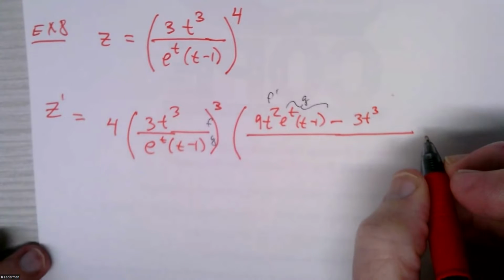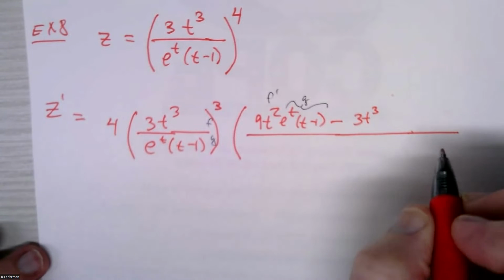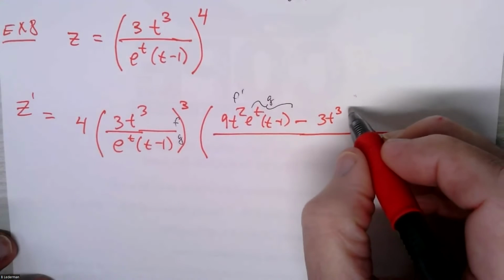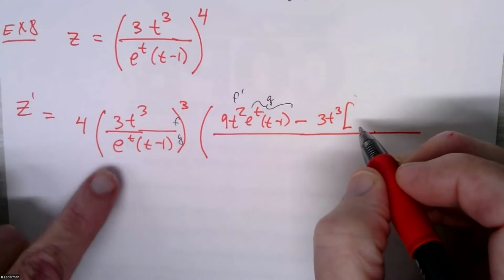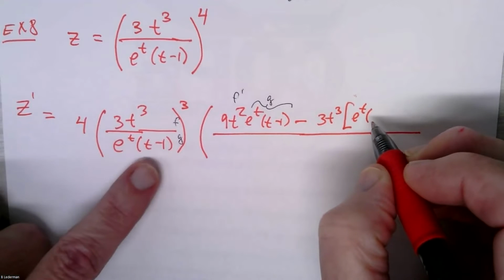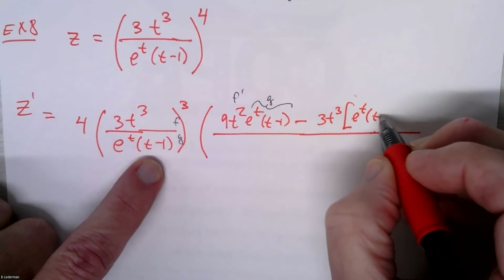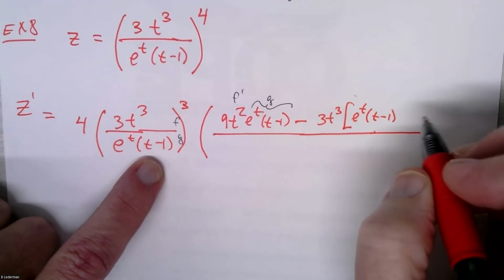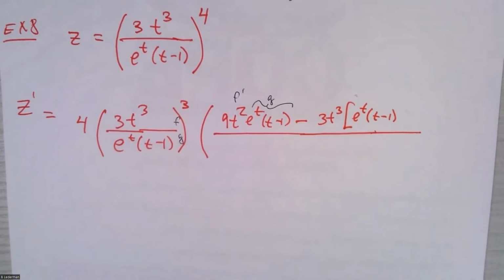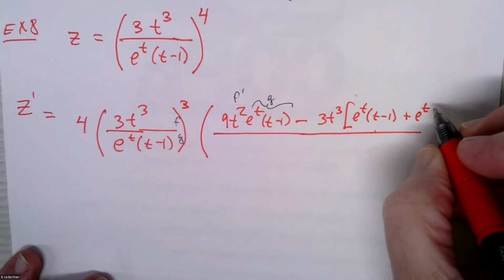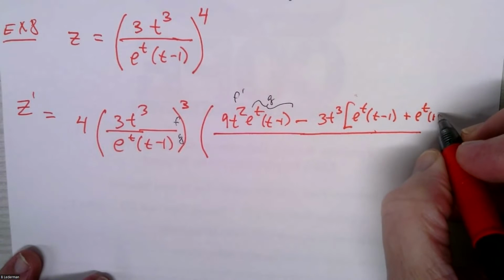Now, here's what I'm going to have to use. To get my g prime, I'm going to have to use the product rule. So to get g prime, I'm going to say e to the t prime, which is e to the t, times t minus 1, plus e to the t times 1.